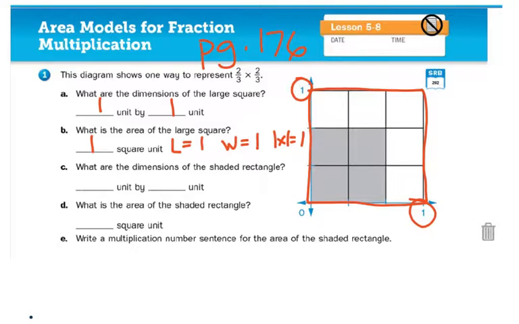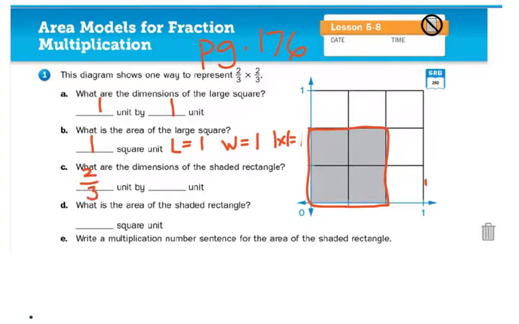What are the dimensions of the shaded region? The shaded region. So let's just look at this shaded region. So it is 2/3 of a unit of the whole thing, remember, by 2/3. There's 1/3, there's 2/3.